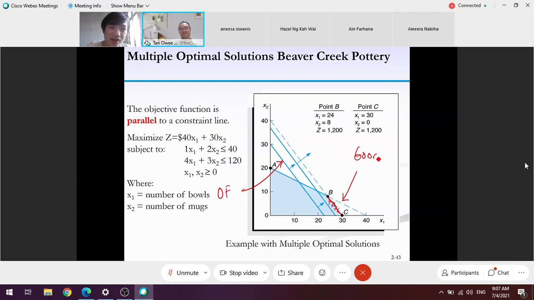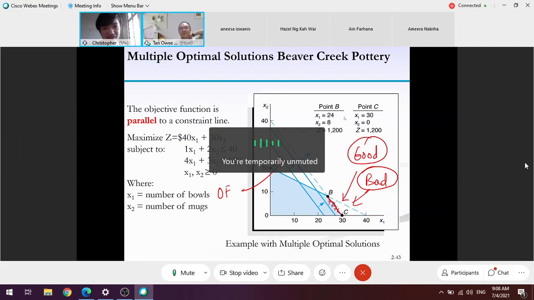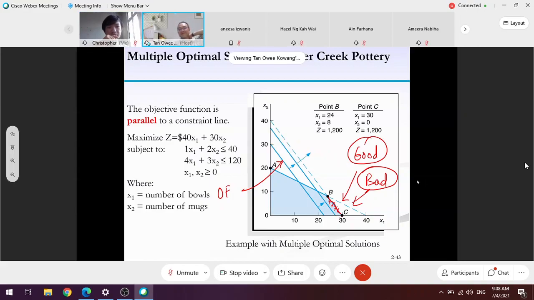Do you think this is good or bad? This type of scenario, do you think is good or bad? Tolonglah jawab. Sorry, good. Why good? Depend. Zarifah? Zafira?